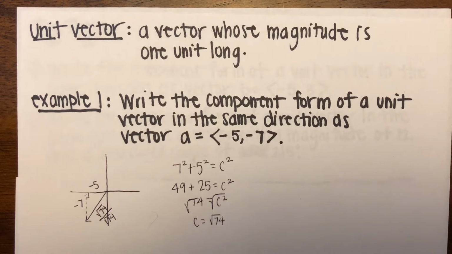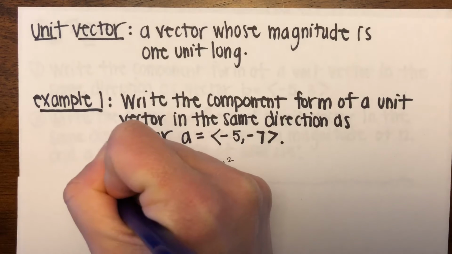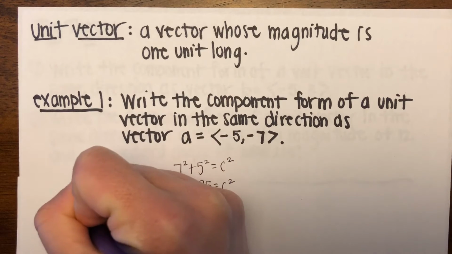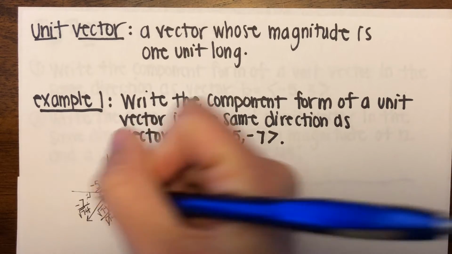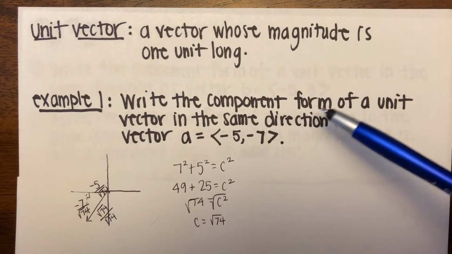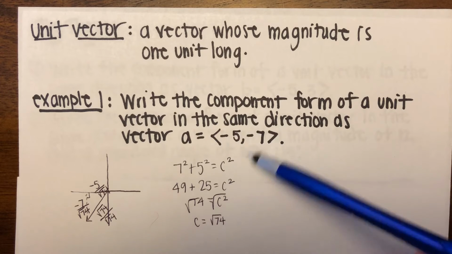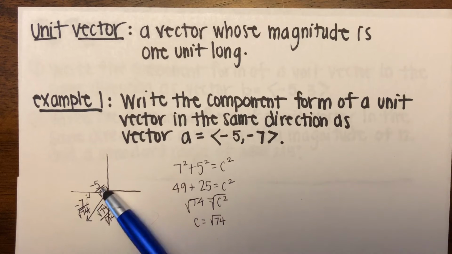If I do that with the hypotenuse, to keep this triangle in the same scale, we have to divide the x component also by the square root of 74 and the y component also by the square root of 74. So when the directions ask us to write the component form of a unit vector in the same direction as this vector, we have our x and y components.